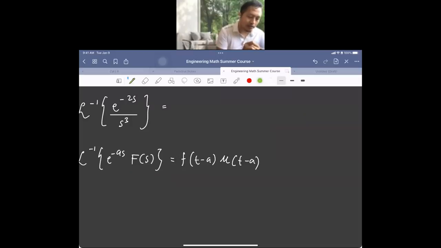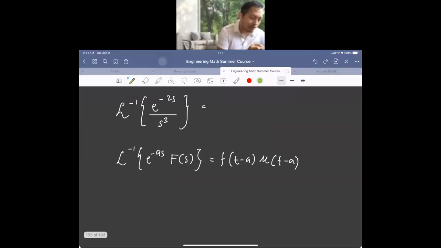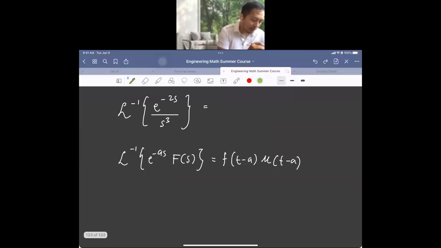And here, the t is translated by 2. The a is 2. So maybe we can write t minus 2 of something, right?